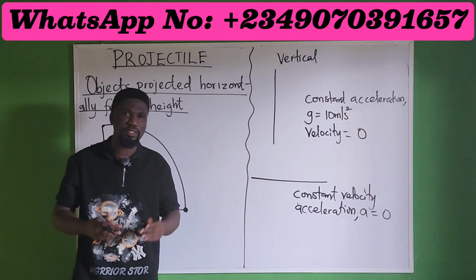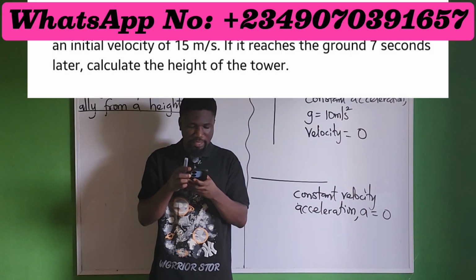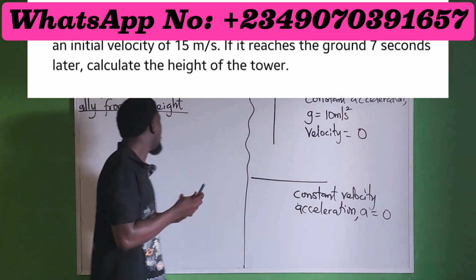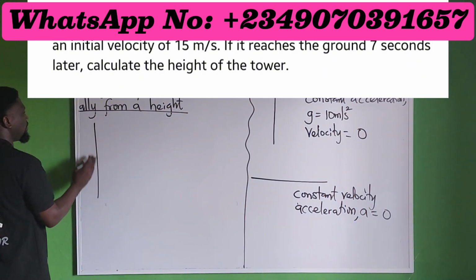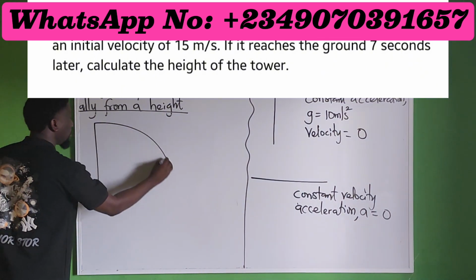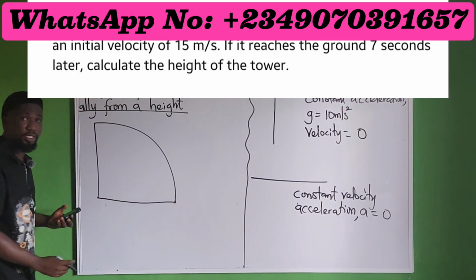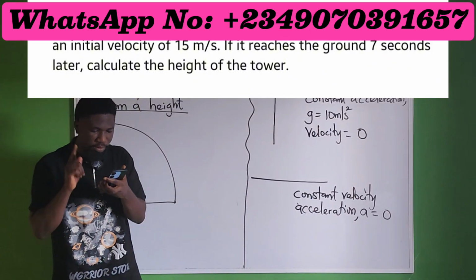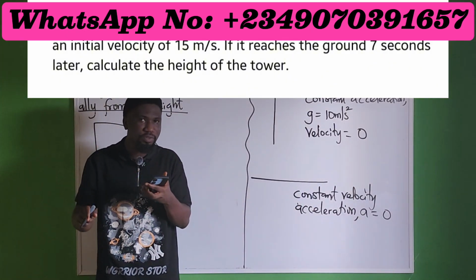Alright, so let's try to answer some questions. For question 1, it says that an arrow is horizontally projected from the top of a tower. So let's say this is the tower that we have here. It's going to come this way. It is being projected horizontally from the top of a tower with an initial velocity of 15 meters per second.